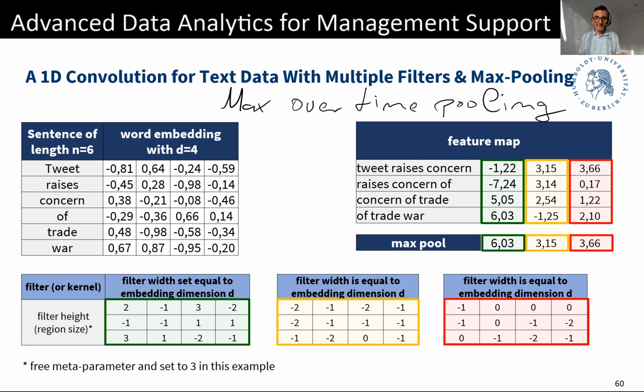And filters of different region size are important in NLP because the other dimension is fixed anyhow, this D. And if we want to use multiple filters to capture different things, it's cool that one filter could look at bigrams in the text and the other could look at trigrams and yet another could look at fourgrams and so forth. This is why we typically use filters with different region size in CNN-based NLP models.